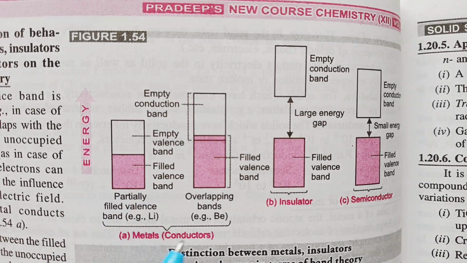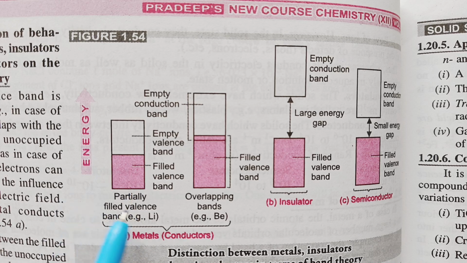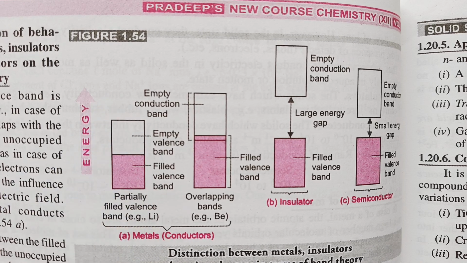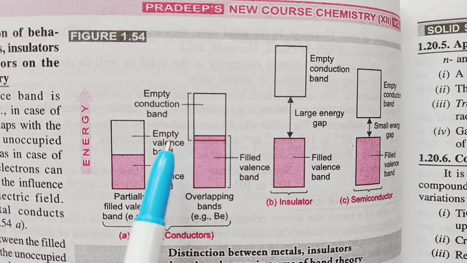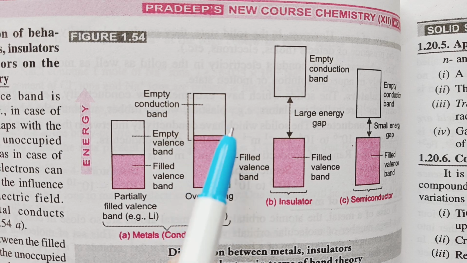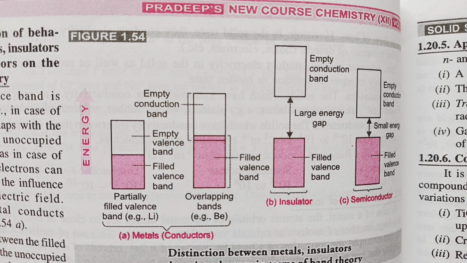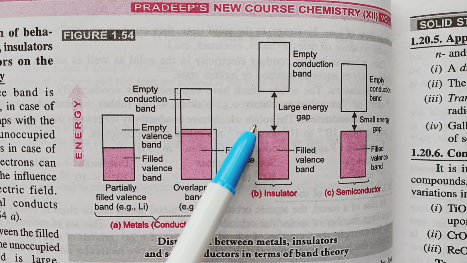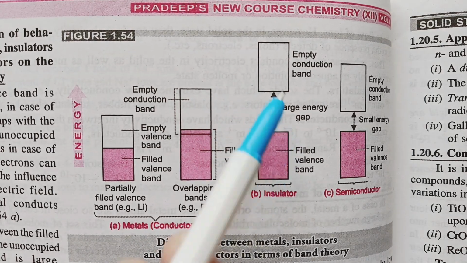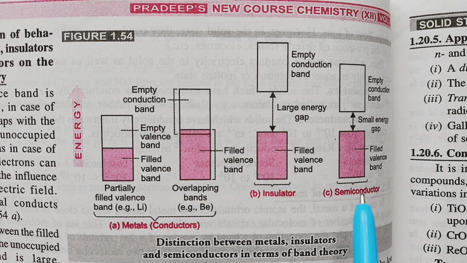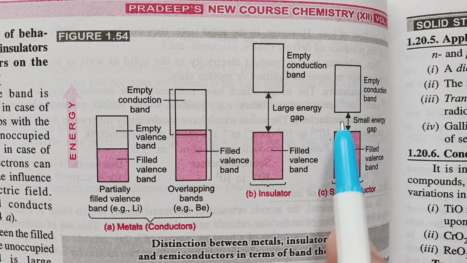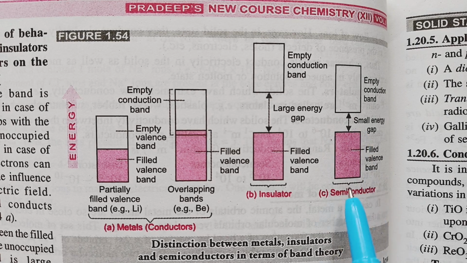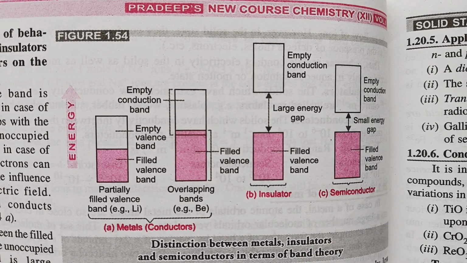Metals have either only a valence band, that is, the lower half which is filled and the upper half which is empty, or there could be a partial overlap between the filled valence band and the empty conduction band, a slight overlapping. Now for the insulators, there is a very large energy gap between the valence band and the conduction band. Whereas for semiconductors, there is just a small energy gap between the valence band and the conduction band.